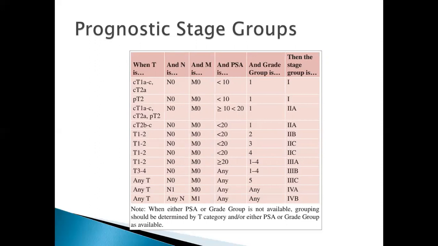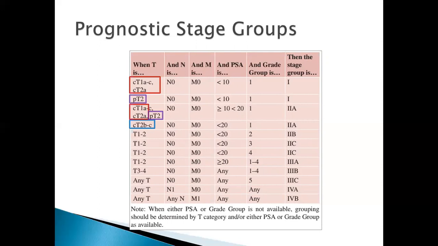The T category lists both clinical and pathological categories and subcategories in the same table and the same rows, okay, as seen here. First we have the clinical, then we have this pT2, and then cT2B through C, after we have pathological, and then we have this one where there's clinical T's as well as pathological T's, okay?